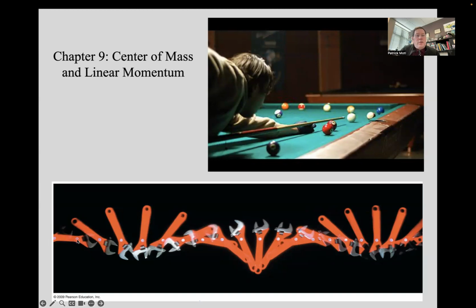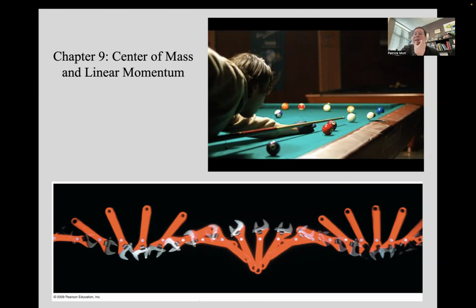What I want you to notice is that every interval of time, which is equal for all of these exposures, that white dot is advancing the same distance. And as that is happening, the wrench is rotating about that white dot. Okay.